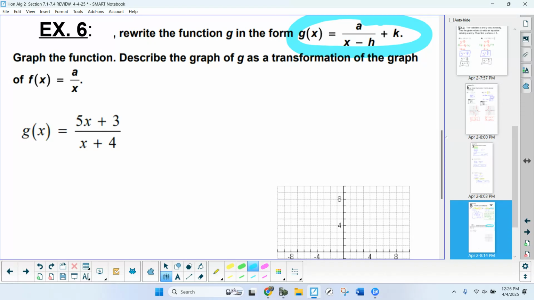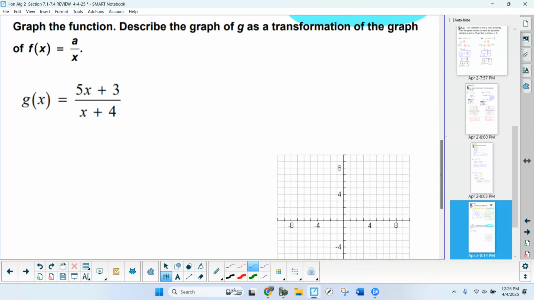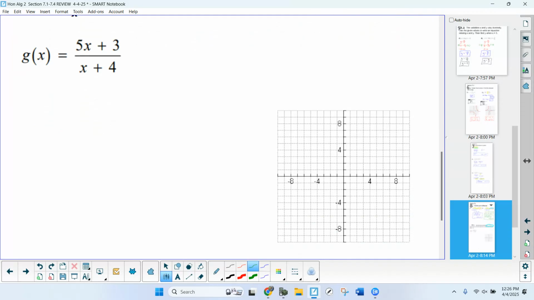Okay. What does it mean when I have 5x plus 3 over x plus 4? It means 5x plus 3 divided by. So I'm going to take 5x plus 3 and I'm going to divide it by what? X plus 4.